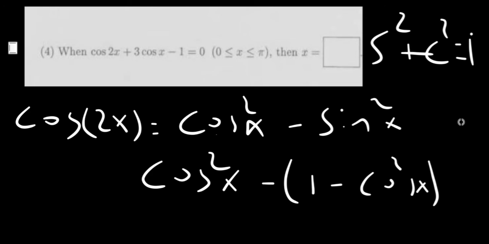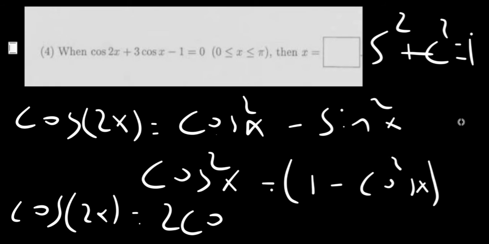Okay, so cosine of 2x is equal to what? Well, cosine of x squared minus cosine of x will be plus. So 2 cosine of x squared minus 1. So this is cosine of 2x.